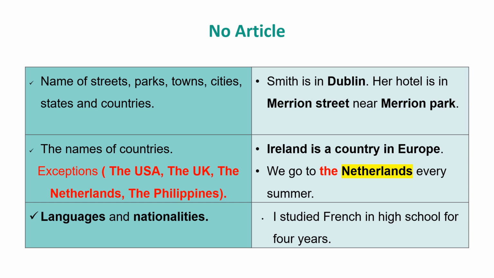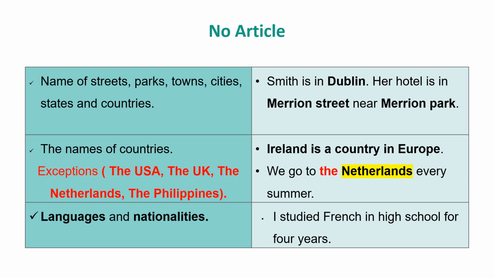We use no article with names of streets, parks, towns, cities, states, and countries. For example, Smith is in Dublin. Her hotel is in Marion Street near Marion Park.